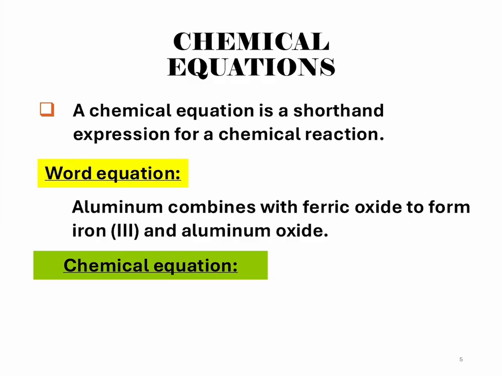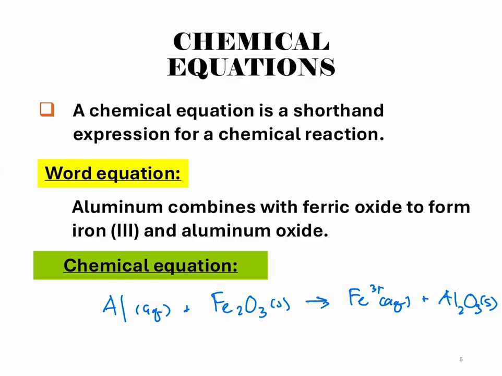So aluminum, maybe it's aqueous, can react with iron 3 oxide, which will be Fe2O3, to then form Fe3 plus aluminum Al2O3.